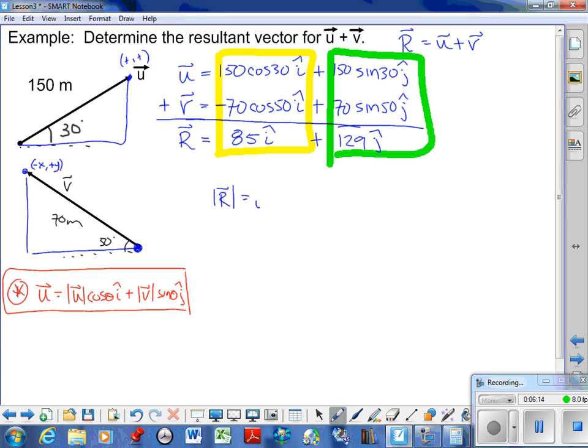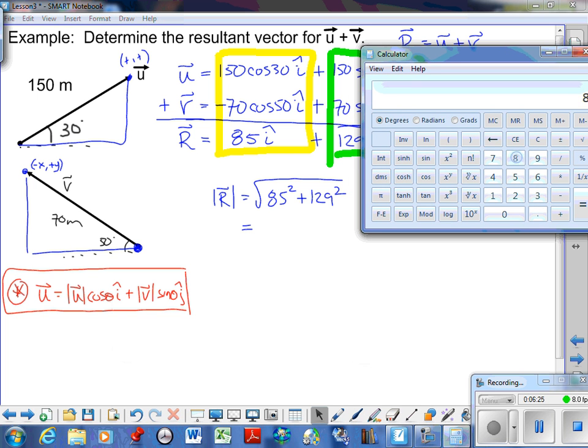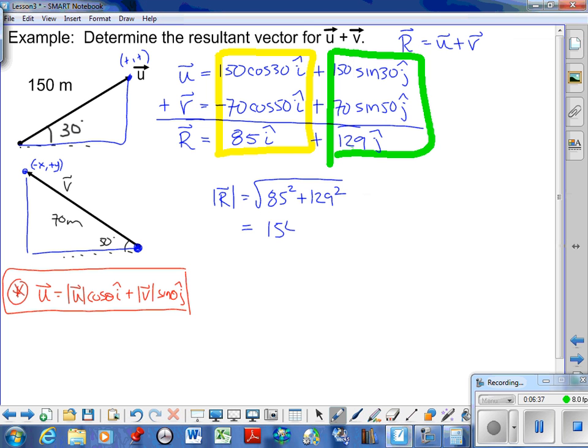Now it's the same process. Your resultant is the square root of 85 squared plus 129 squared. Figuring that out, 85 squared plus 129 squared, and square root, equals 154.5, and it'll be in meters in this case because it actually gave us units.